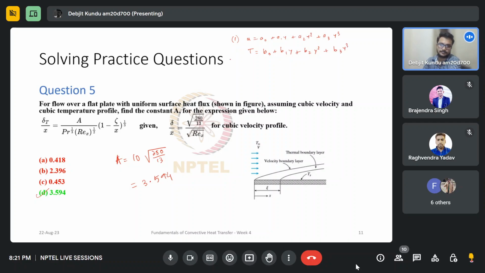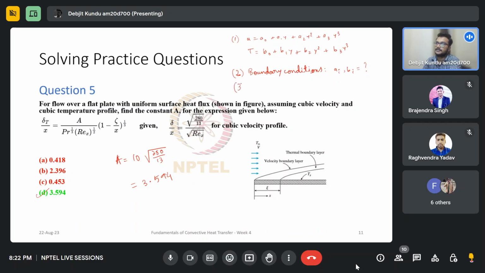This is the first assumption. Then we use the boundary conditions to find out what the values of these ai and bi's would be. This is the second step.